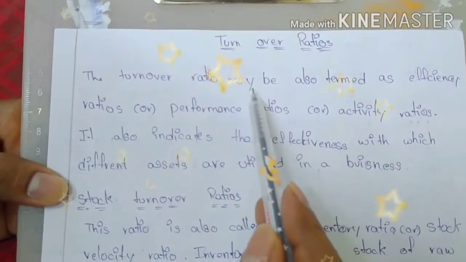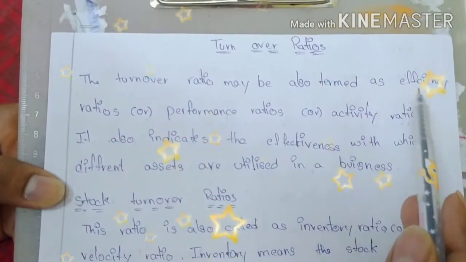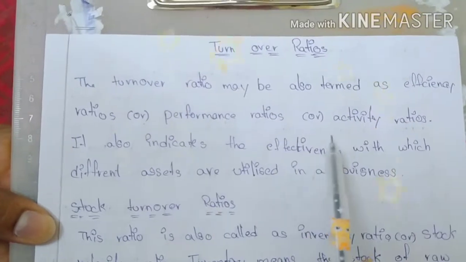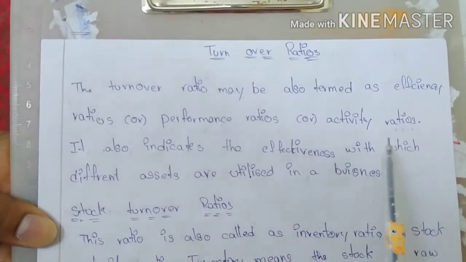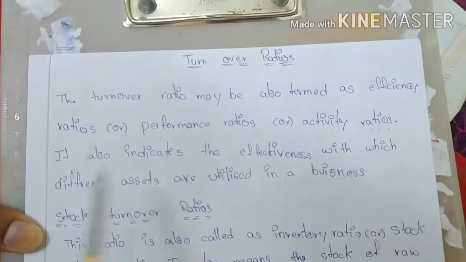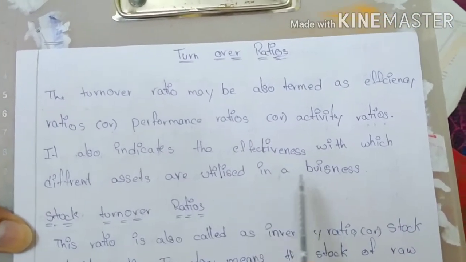Turnover ratios may also be termed efficiency ratios, performance ratios or activity ratios. They indicate the efficiency with which different assets, such as debtors or stock, are utilized in the business.